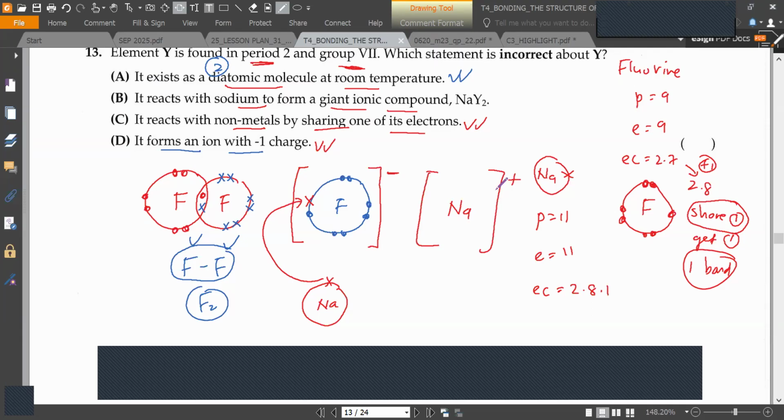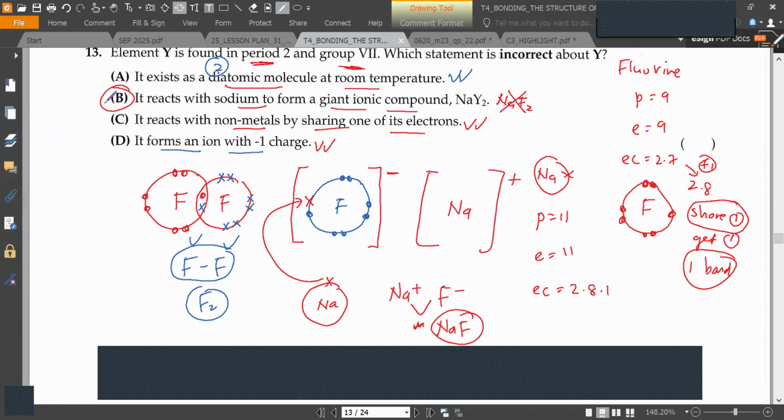So Na plus and F negative, so the formula will be 1 to 1, NaF. So this one, NaY2, NaF2, no, it's wrong. It's NaF. So the answer is B.